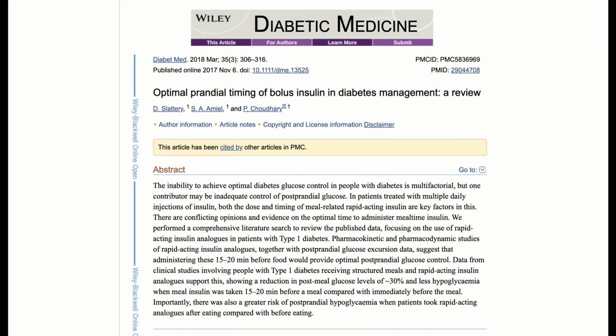They also found fewer episodes of hypoglycemia when meal insulin was taken 15 to 20 minutes before a meal compared with immediately before the meal. Importantly, there was also a greater risk of postprandial hypoglycemia when patients took rapid acting insulin after eating compared with before eating.